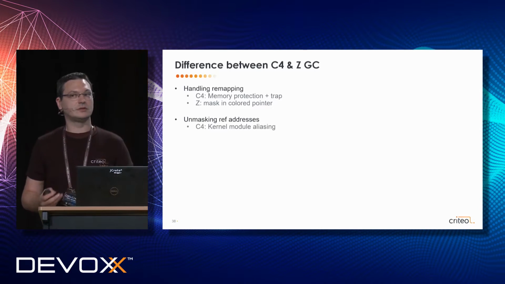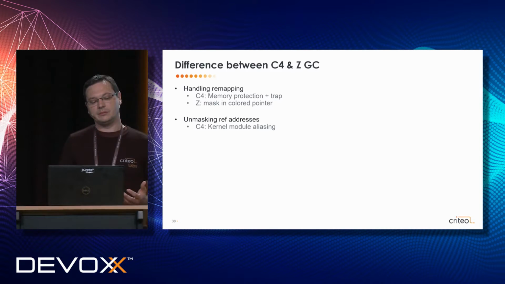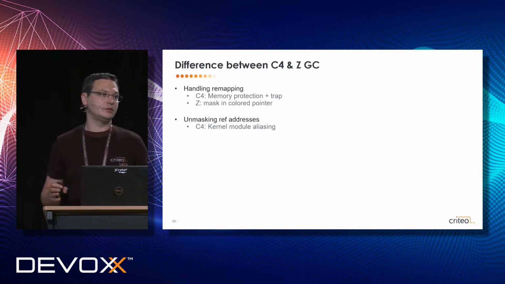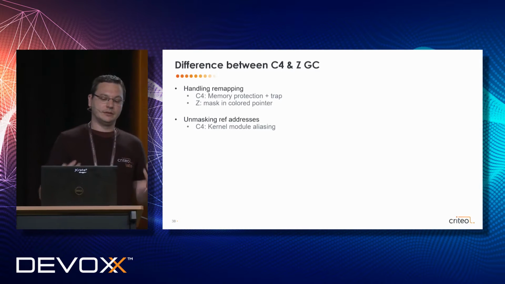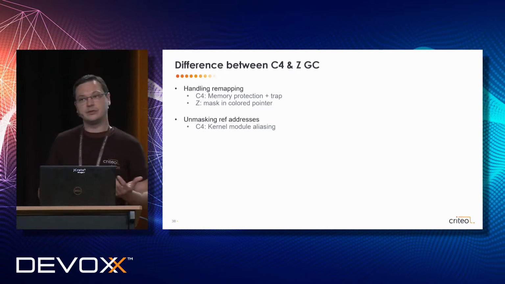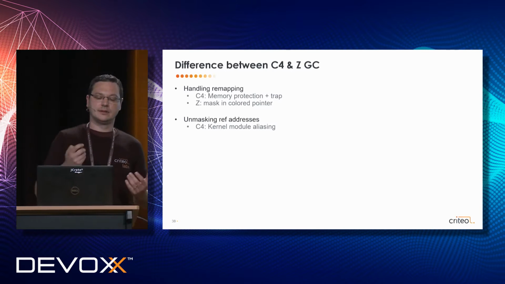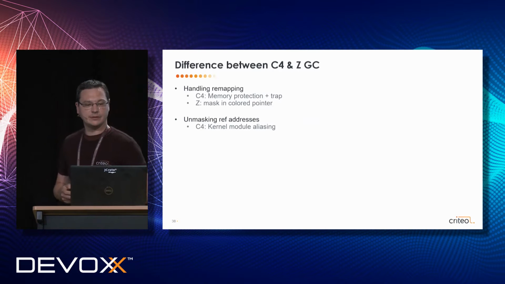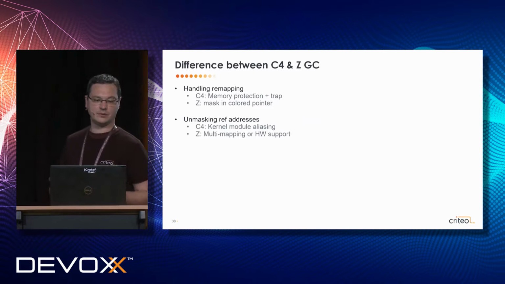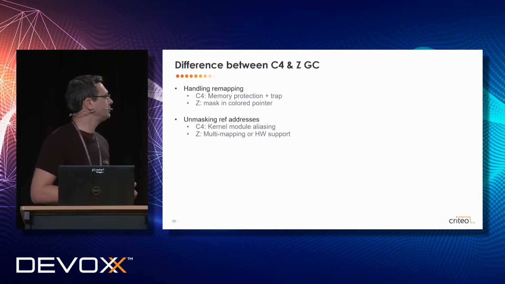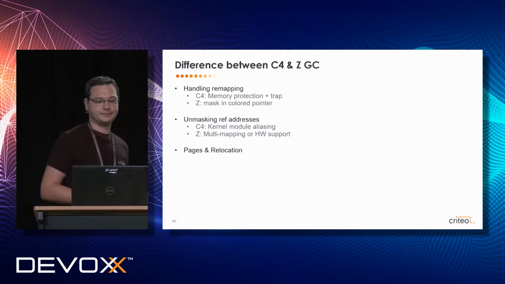So when you install the JVM, you need to install a kernel module that deals with all the memory. And in this kernel module, they also alias the address to go to the correct physical page. For Z, they use multimapping, as we already saw just before, or the hardware support.